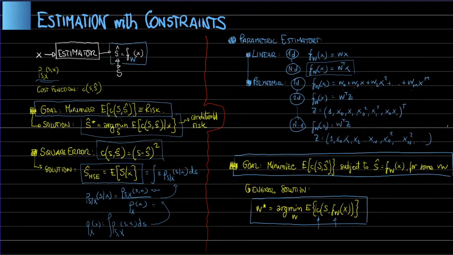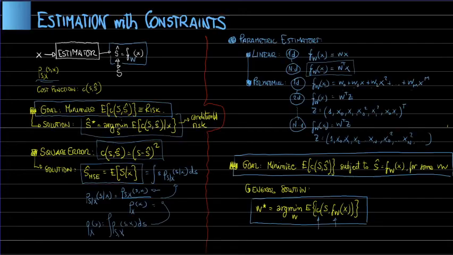So we will try to solve this problem in a particular case. We will focus now the attention in a situation where we have a particular cost and a particular parametric form.